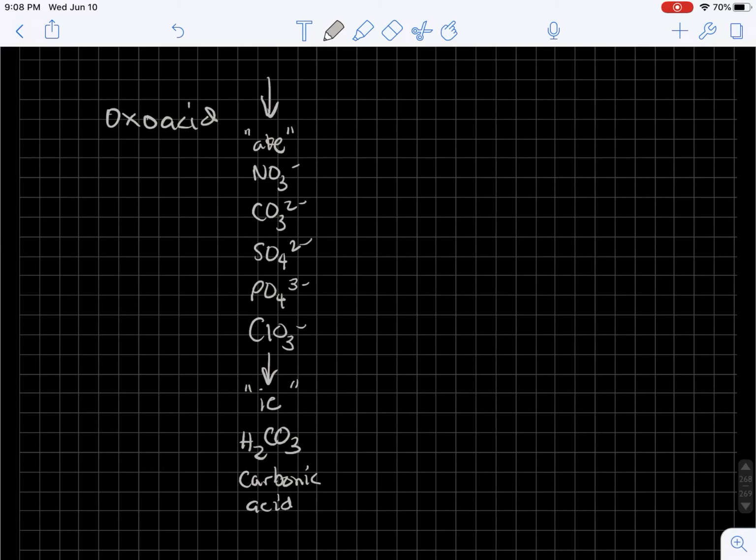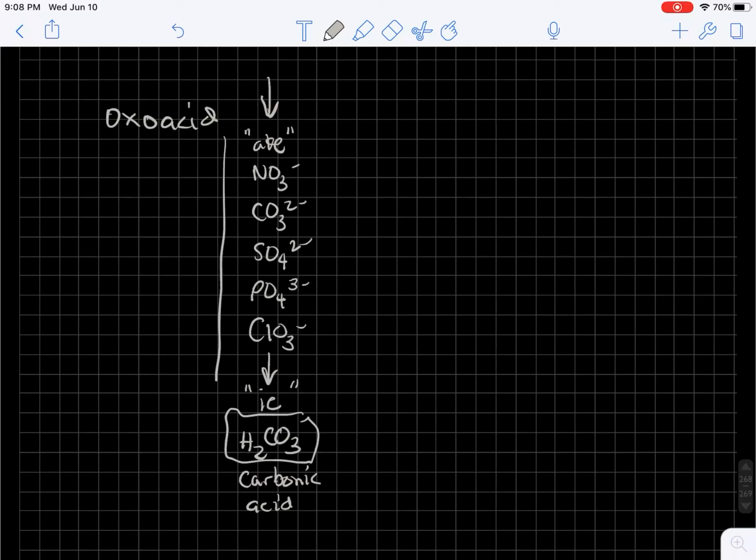Okay, so if you memorize this chart, then you can derive the names of all the other acids by comparing their formula to the formula you know. We said that carbonic acid, H2CO3, comes from carbonate. However, carbonous acid comes from what's called carbonite.